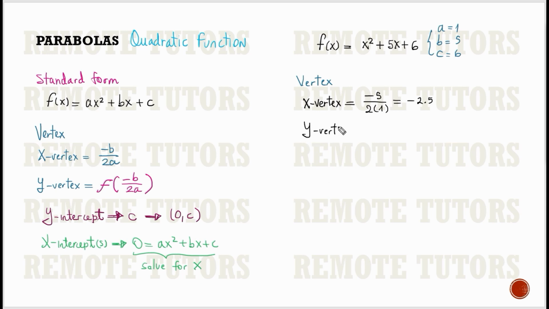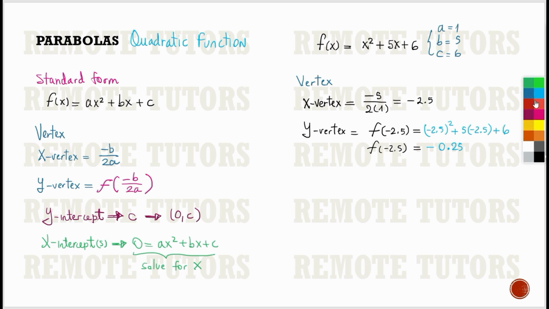Next, the y value of the vertex is given by f of minus 2.5. So that is minus 2.5 squared plus 5 times minus 2.5 plus 6, and that gives minus 0.25. So the coordinates of the vertex are (minus 2.5, minus 0.25).